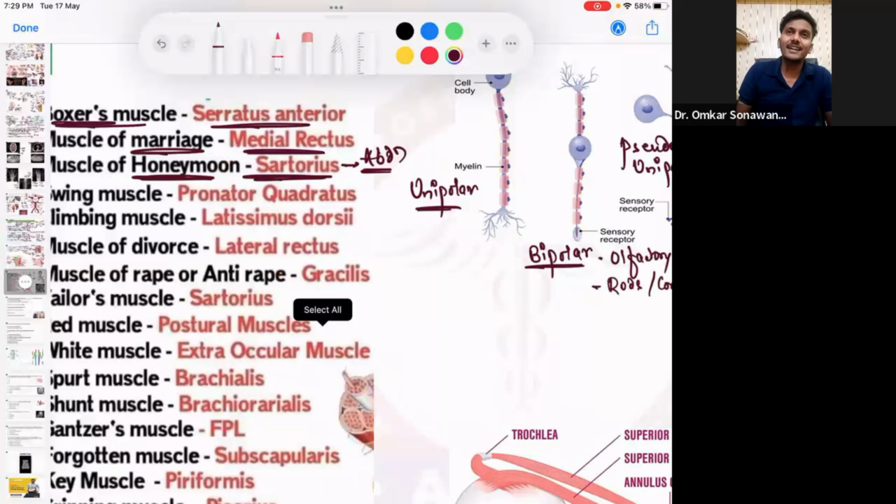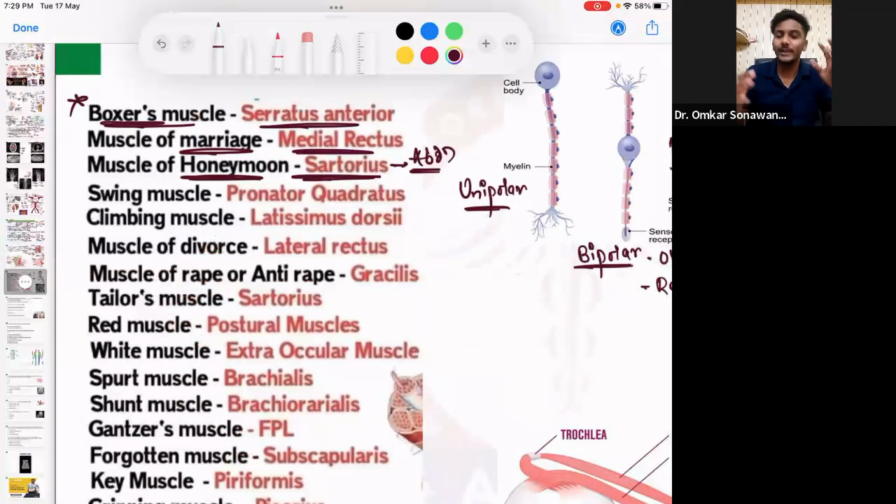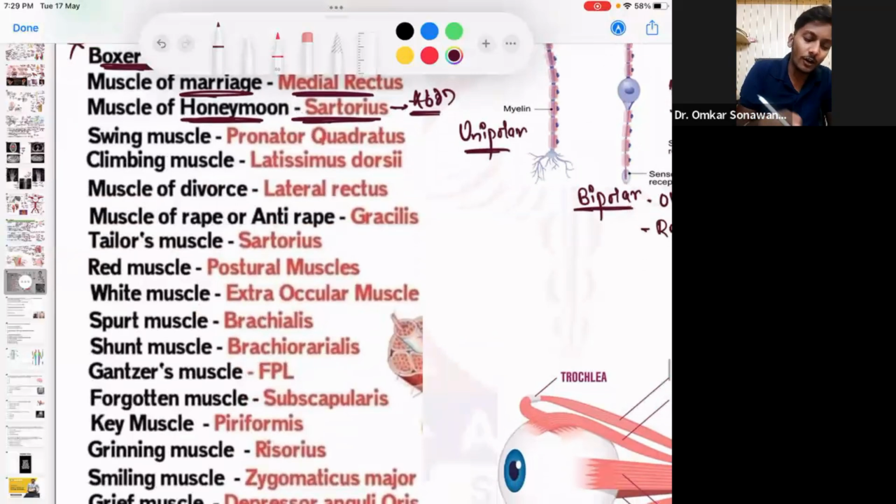Therefore, it is known as the honeymoon muscle. Which muscle is known as the honeymoon muscle? Sartorius, and it is the longest muscle, also known as the Tailor's muscle.